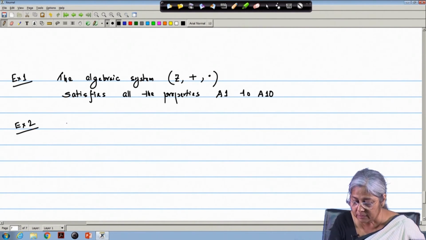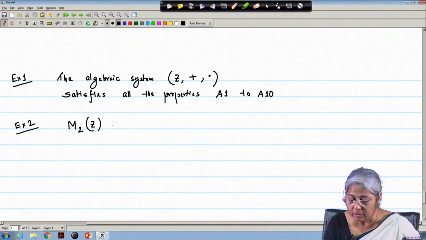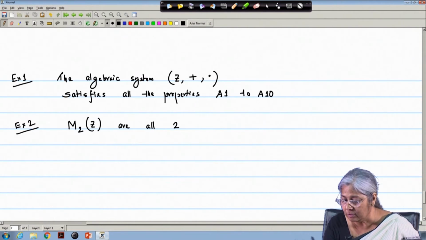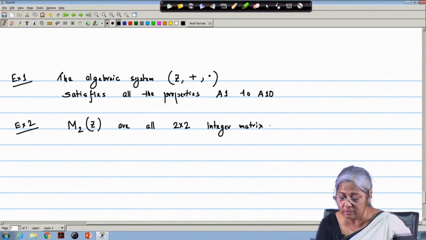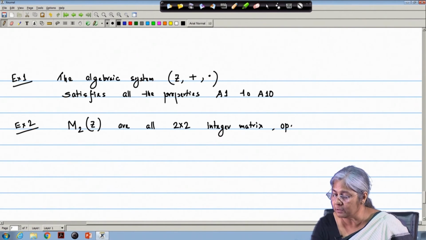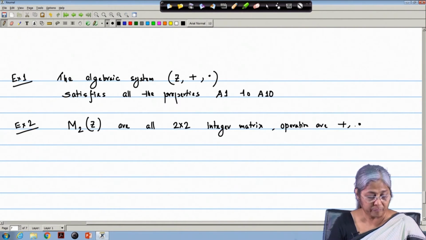We denote by M2(Z) all the 2 by 2 integer matrices, and the operations are simple addition and multiplication.